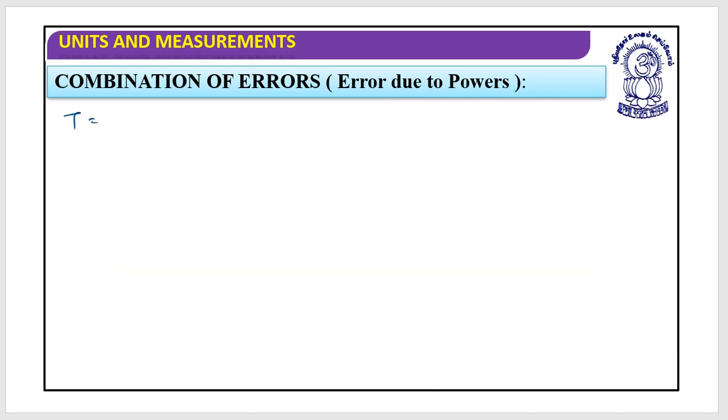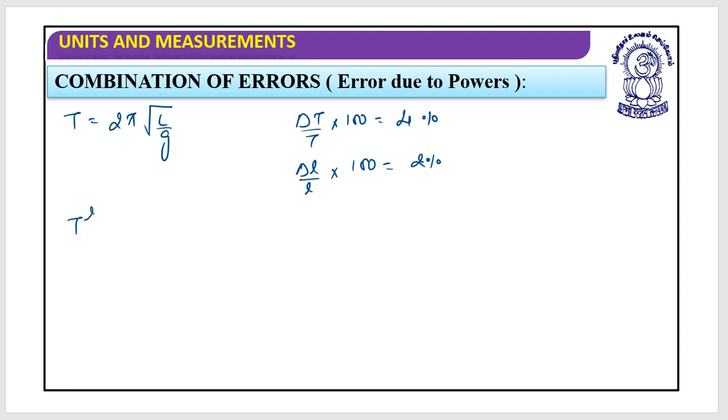Let's look. They have given T is equal to 2 pi under root L by G. Percentage error in T is 4 percent, percentage error in L is 2 percent. First, I need to write T square equals 4 pi square into L by G. I just square it.